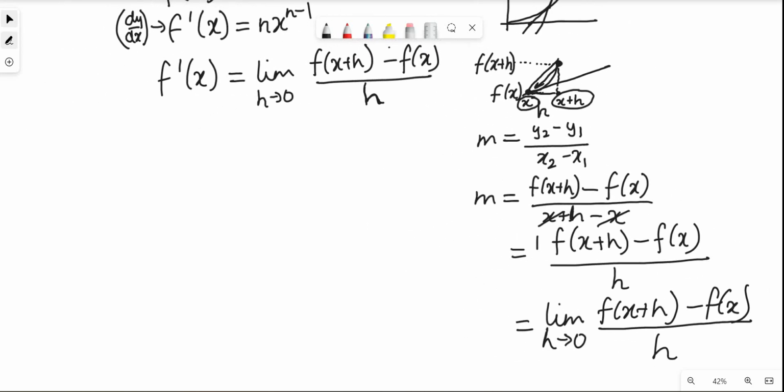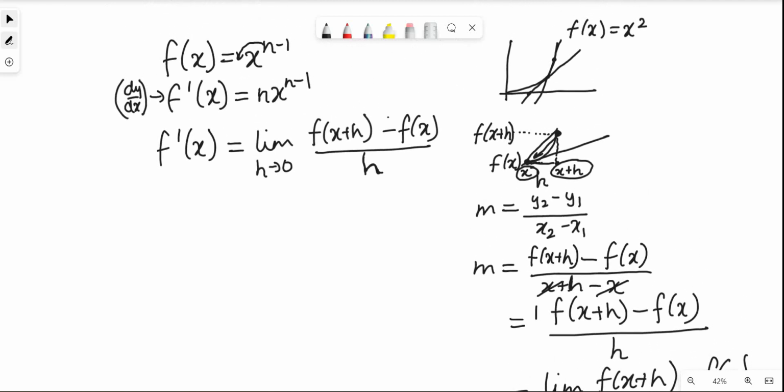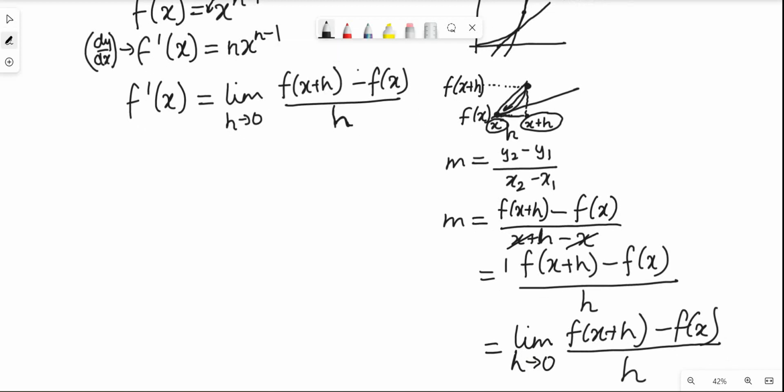And now we want to use this derivative definition to get a formula for the power rule. And how we do that is the following. So we want f dash of x, where f of x equals x power n. Put some curly brackets to seem fancy. Look at those, amazing.